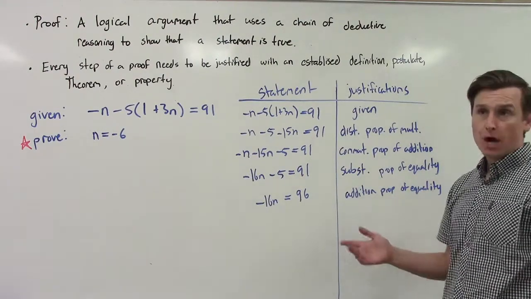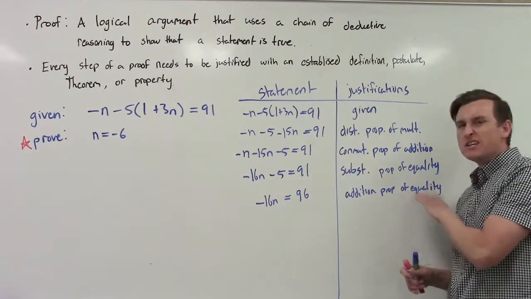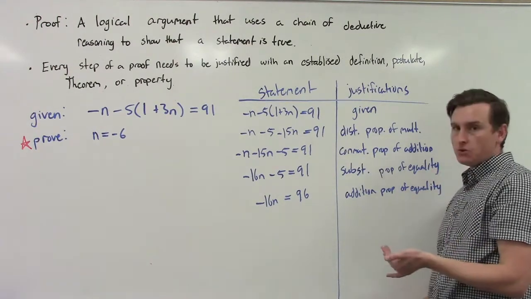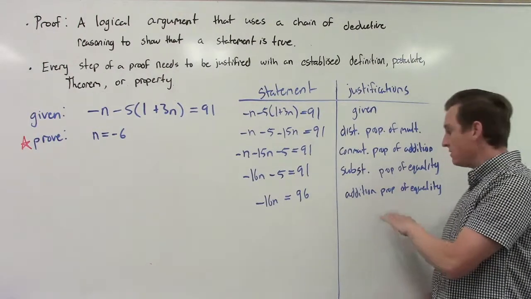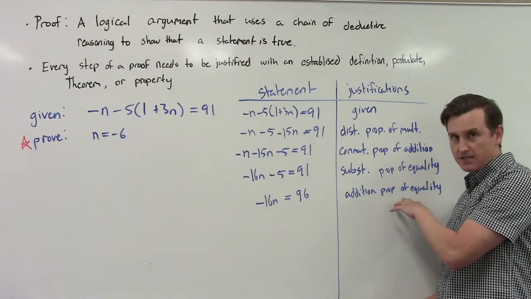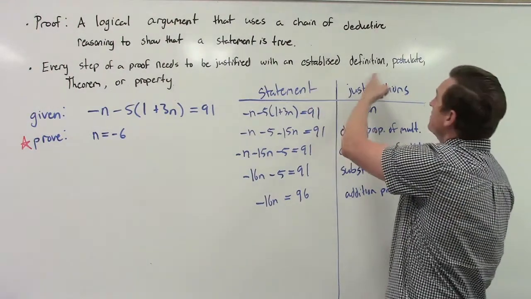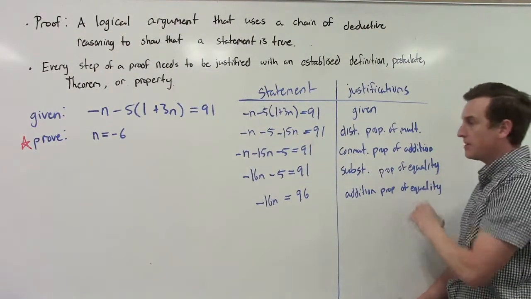If you say add prop of equality, cool, I know what you're talking about. But we're talking about a property, not an operation. Not what did you do, but how did you know you could do that, or why is that equal? This is not saying what you did, this is justifying what you did with a definition, property, theorem, or postulate. So we need to use a property here.